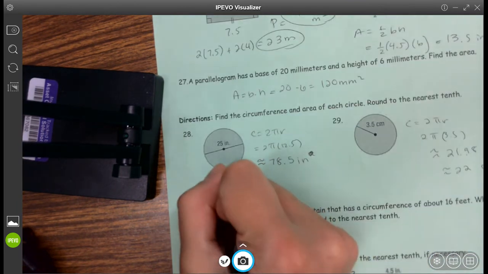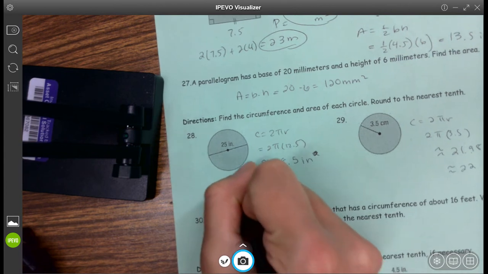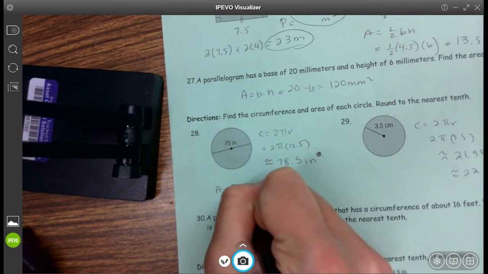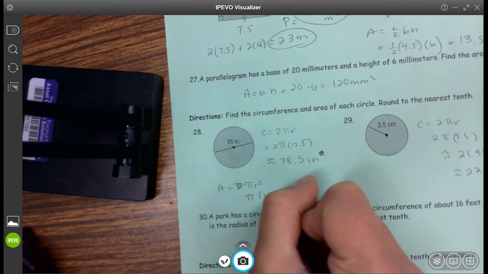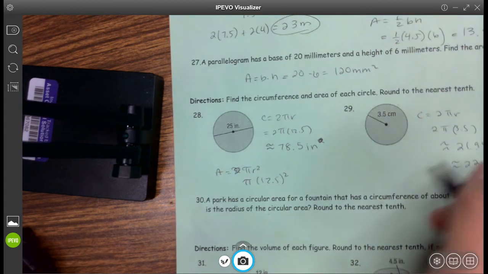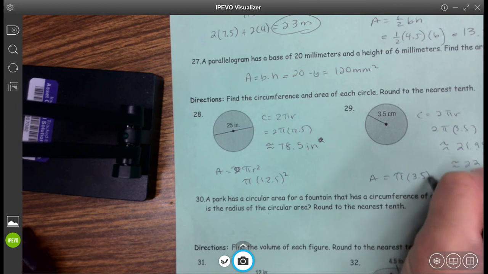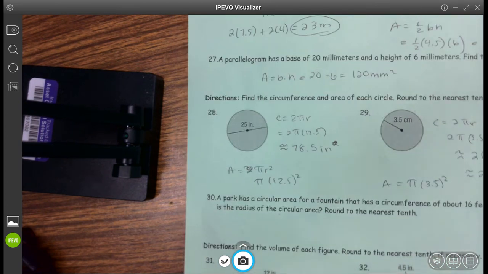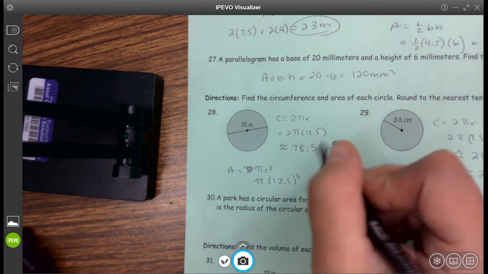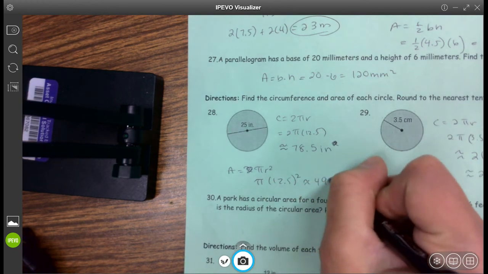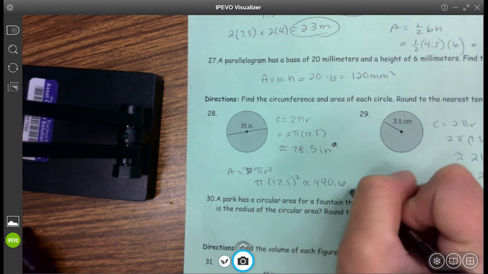But if we found area, which is pi r squared, it would be pi 12.5 squared. And here it would be pi 3.5 squared. So the area here is 12.5 times 12.5 times 3.14, which is about 490.6 inches squared.